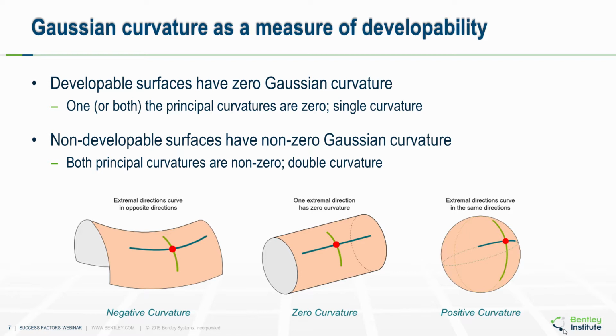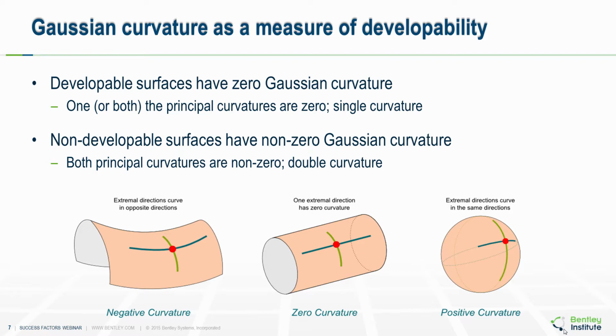And if we look at the bottom we can see three examples. The first is with negative curvature, which is sort of a saddle shape, where one of the principal curvatures goes in one direction, and the other principal curvature in the other direction. So one is positive and one is negative, so when you multiply those together you get a negative Gaussian curvature.